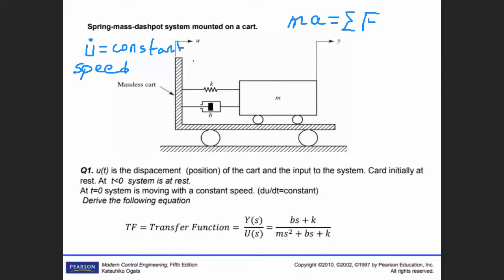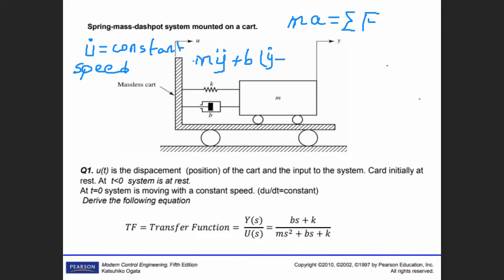Right. M times Y double dot plus B times (Y dot minus X dot).